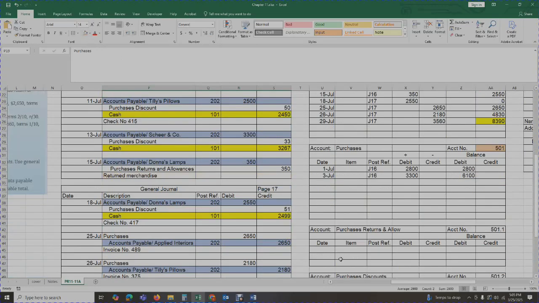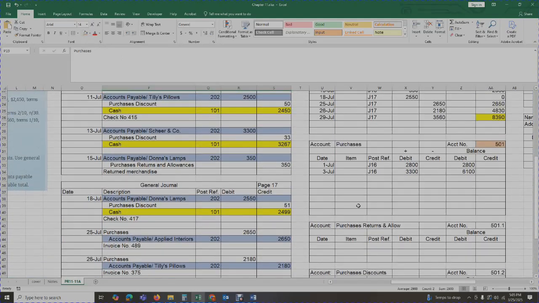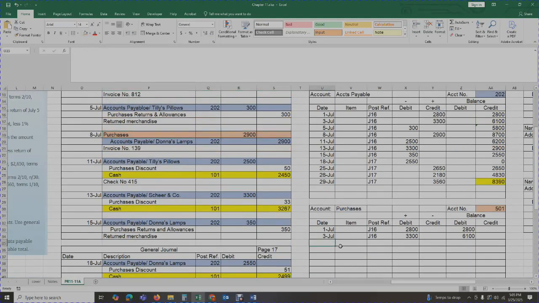Okay. So we're going to enter that on your purchases right here. We have July the 8th, journal 16. We have a debit of $2,900. Remember, we add our beginning balance that we have, our ending balance that we've calculated, plus the entry, and that gives me $9,000. I go back and I enter a 501.